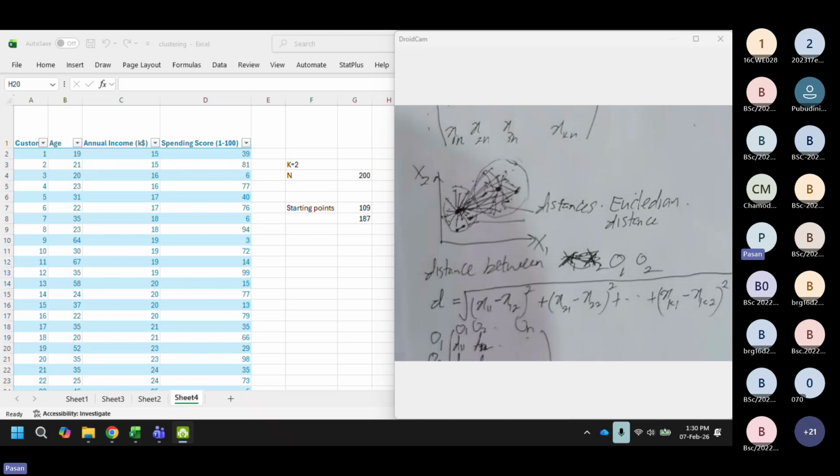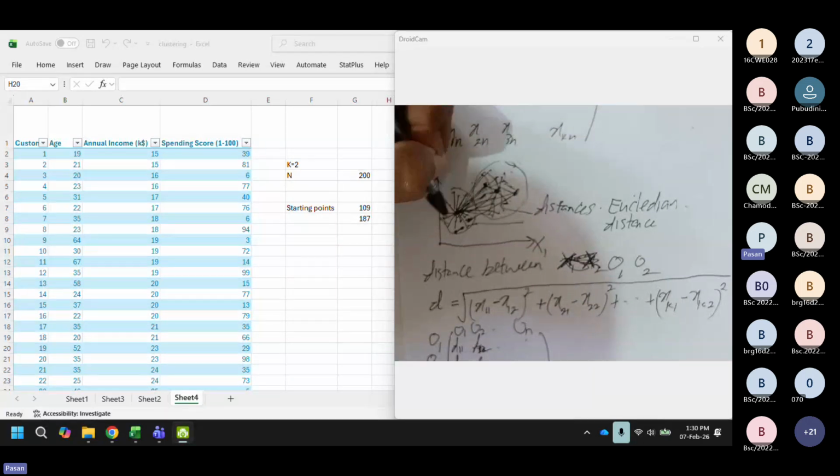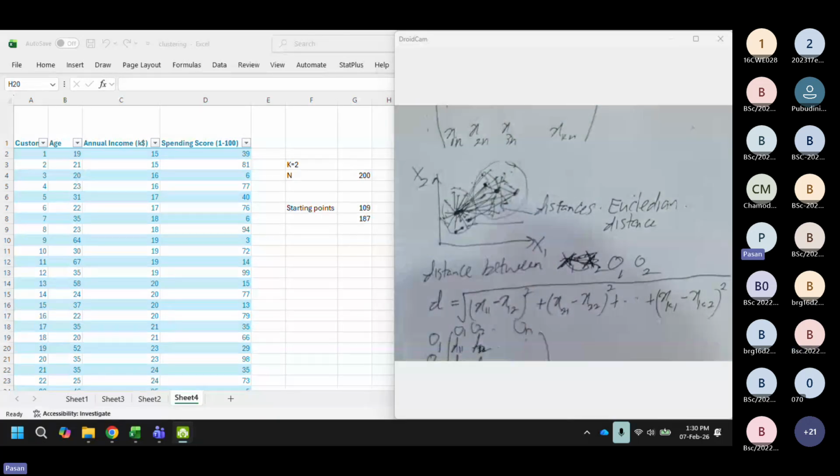Once you look at that, if you take a particular observation and measure the distance from that point to the two centers, in this case we have two centers. If you have three, then we measure three distances from that point to the centers. By looking at those values, the smallest one should be the best center to represent that point.